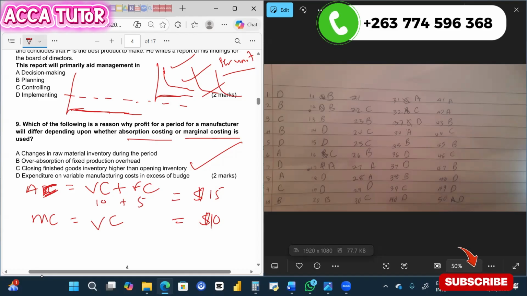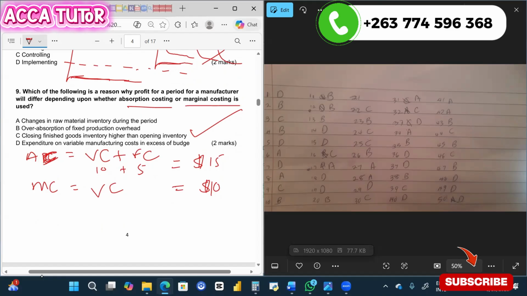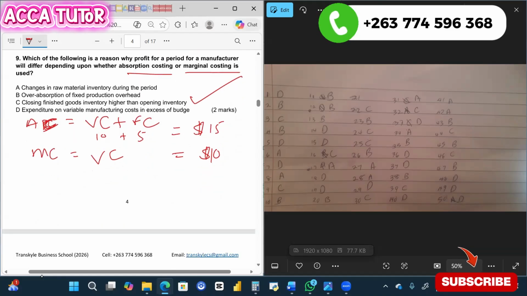Now, when we are doing our trading accounts, let us say the AC is here, the MC there. No, this one is not a T account. Please don't think of T accounts.